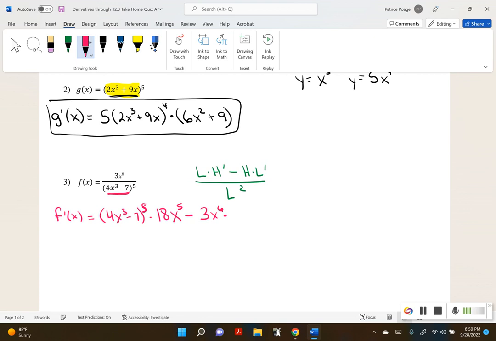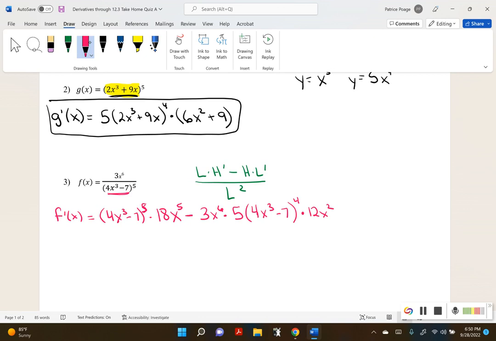So this is a bunch of stuff to the 5th power. Derivative is going to be 5 stuff to the 4th power. Copy paste the stuff into the parentheses here. Times the derivative of the stuff. Derivative of 4x cubed is 12x squared, and derivative of negative 7 is 0.